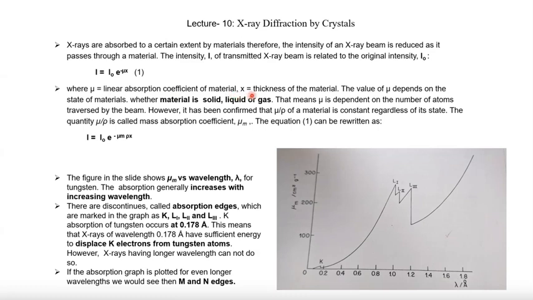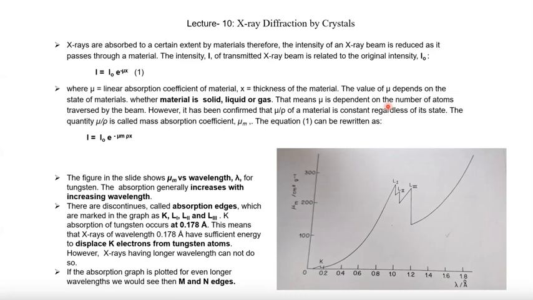What is x then? x is the thickness of the material. The value of mu depends on which solid material we are talking about. Not only this, it also depends on the state of the material: is it solid, or liquid, or gas? So that means mu is dependent on the number of atoms traversed by the X-ray beam.